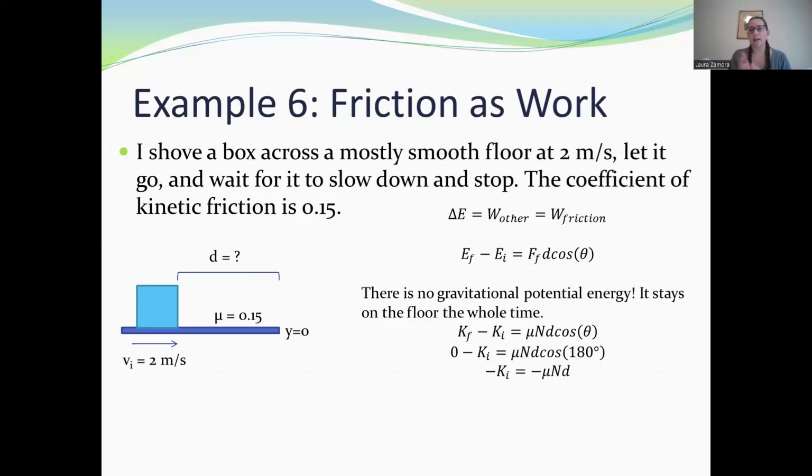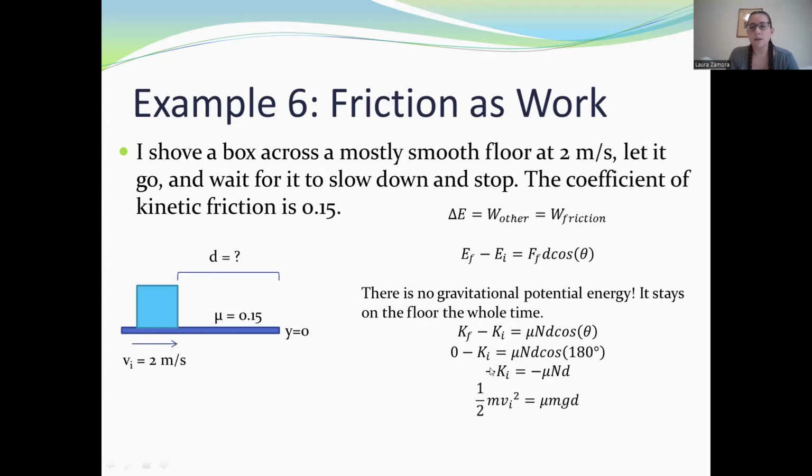The cosine of 180 degrees is -1, so that's where this negative sign comes in. Now we have negative initial kinetic energy equals negative coefficient of friction times normal force times the displacement.